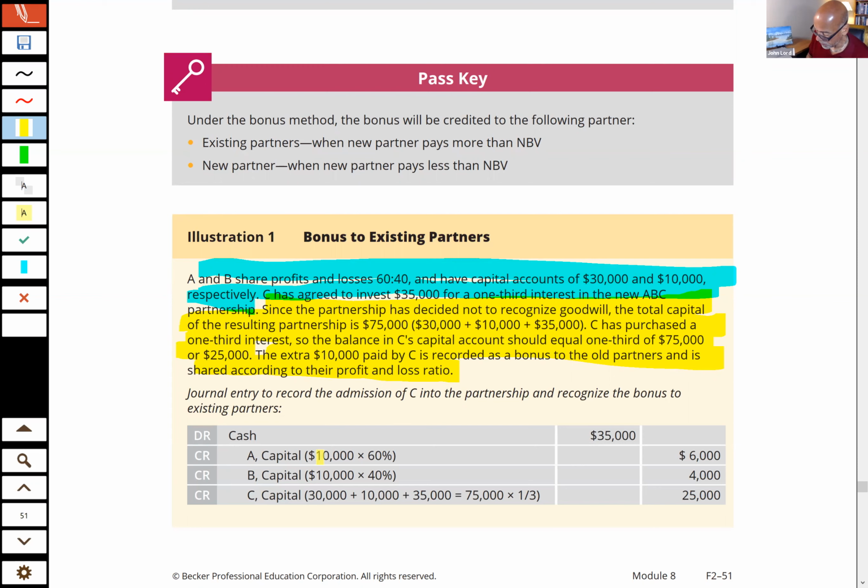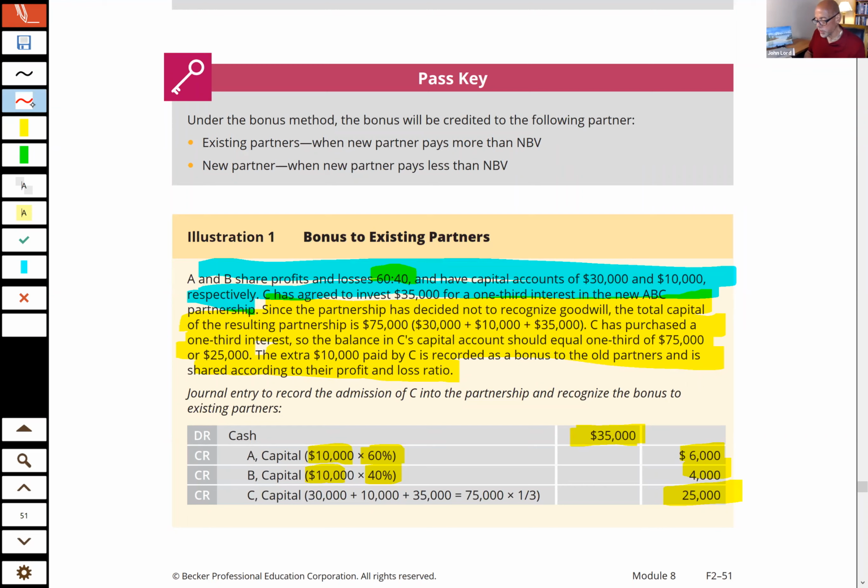You come in and that 10,000 bonus, 60%, just following up here, is supposed to go to A. 40% is supposed to go to B. So we credit their capital accounts for that. C gets credited to their capital account for the 25,000, and we now have cash, of course, coming in that C is bringing in.